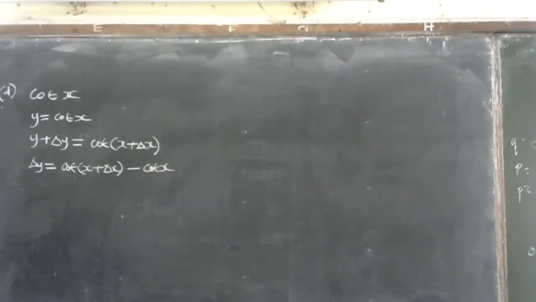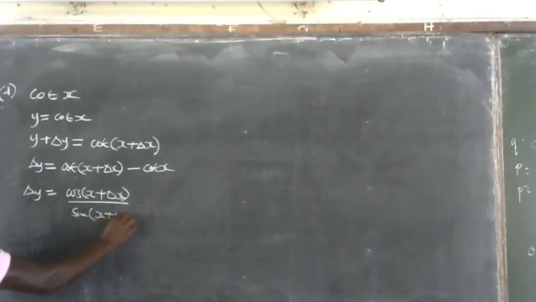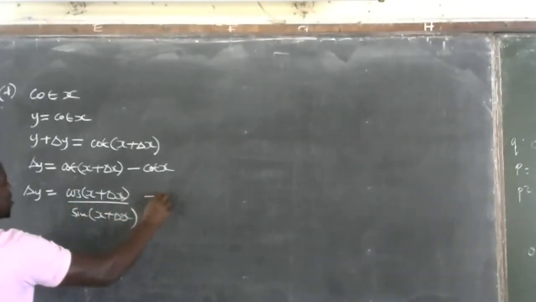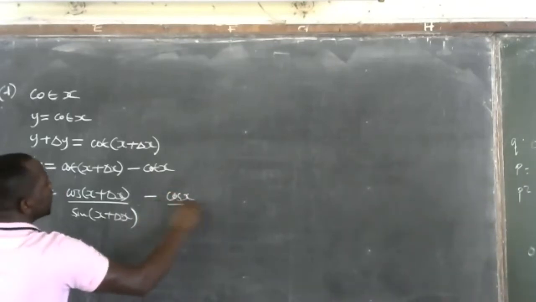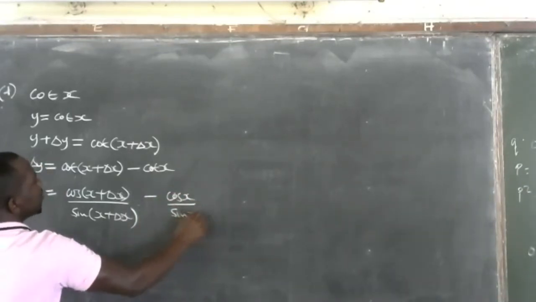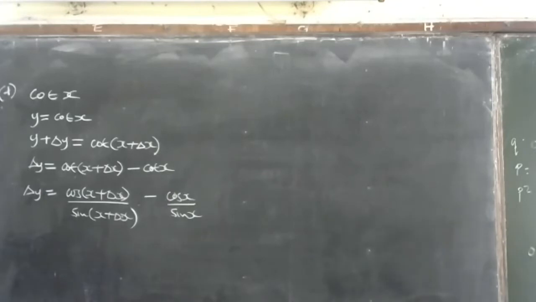Then you convert cot in terms of sine and cos. Meaning change in y becomes cos of x plus change in x divided by sine of x plus change in x minus cos of x divided by sine of x. Then you get the LCM.